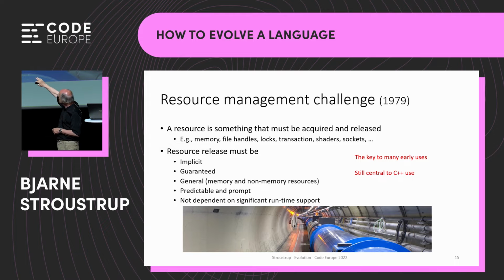And basically, resource release must be implicit and guaranteed. Any librarian would tell you that people take out books and then they forget to hand them back. It's not just memory, it's not just library books, it's anything that you have to remember to give back. Unless something helps you, you will forget.